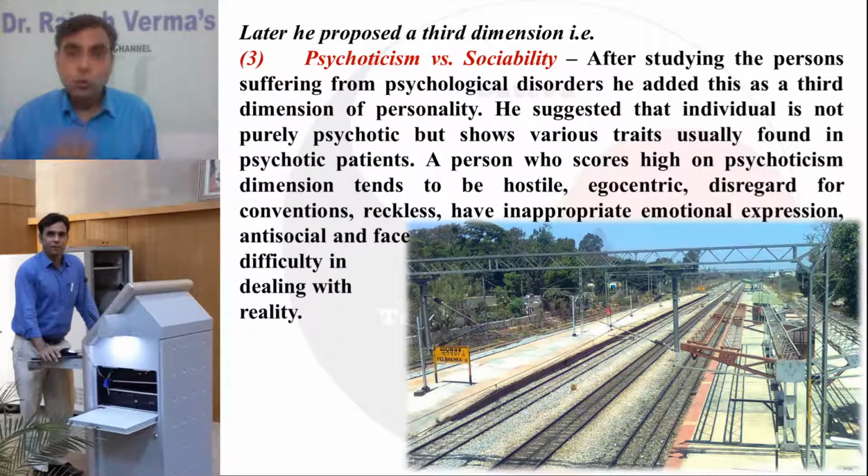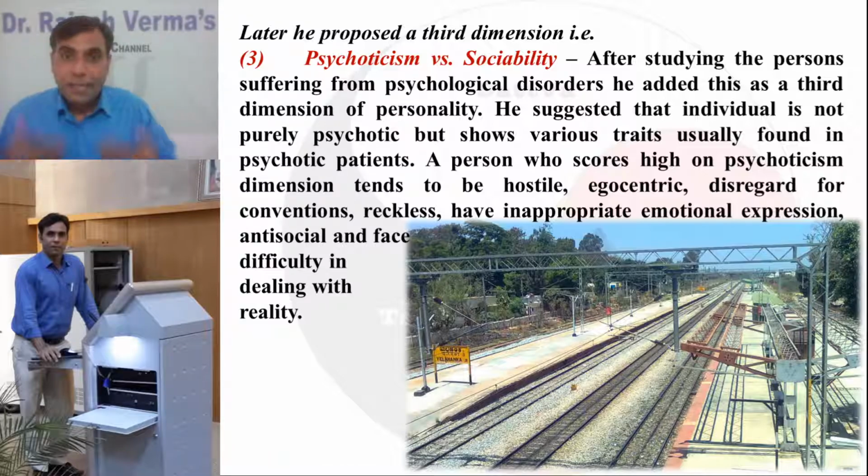A person who scores high on the psychoticism dimension tends to be hostile, egocentric, disregarding of conventions, reckless, to have inappropriate emotional expression, to be antisocial, and to face difficulty in dealing with real-life situations. Here I want to make the point that, as I told you, we all have certain characteristics that are found in psychotic patients, but per se we are not psychotic.